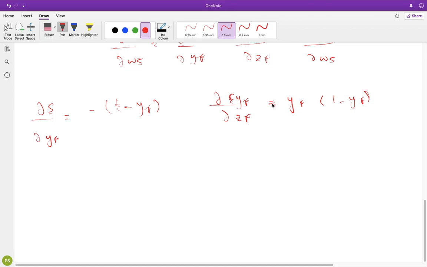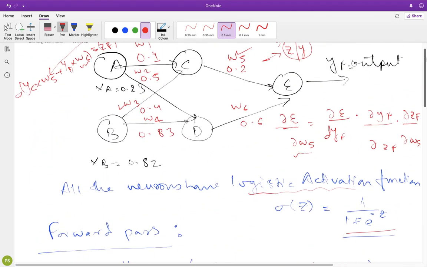So this is the standard formula, the derivative of the logistic activation function, and the only thing left to calculate is dzf divided by dW5. So I have noted down the formula for this.